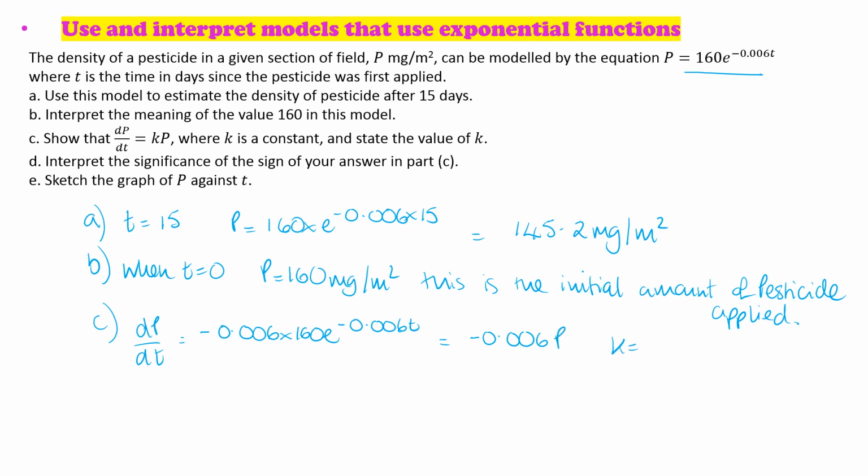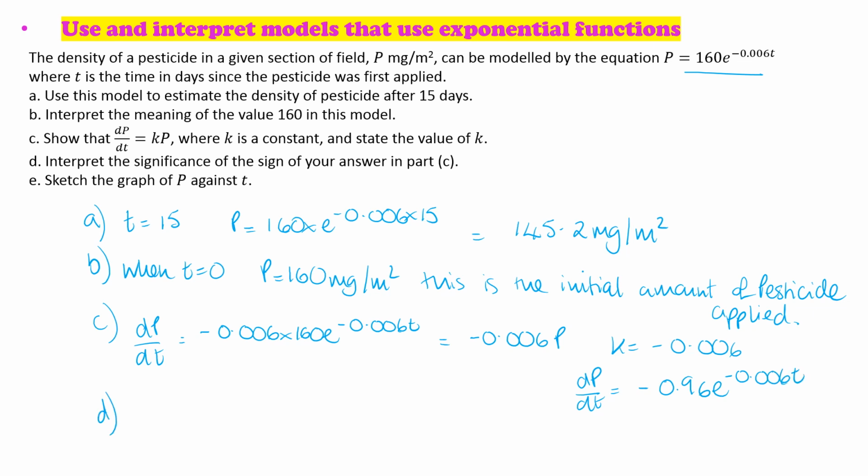So k is equal to 0.006. And if you work that out, dP by dt is minus 0.96 e to the minus 0.006t.